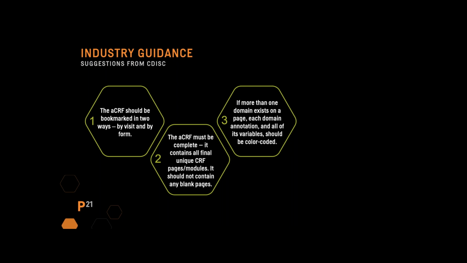So in the example where, let's say you have a form that has information that goes to the demographics domain as well as the subject characteristics domain, you may choose to make the demographics domain have a background color of blue and have all the annotations that are belonging to the demographics domain have a blue background, and have all the subject characteristic annotations have a yellow background. So that would be an example of the color coding.